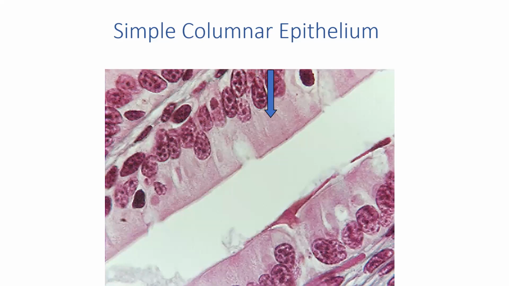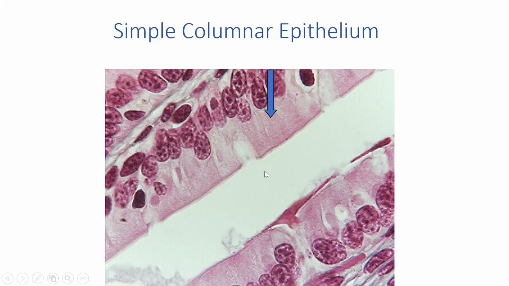We line our intestine with simple columnar cells, and nutrients pass through and waste products don't. They get absorbed here and passed into the capillaries, into the blood supply.